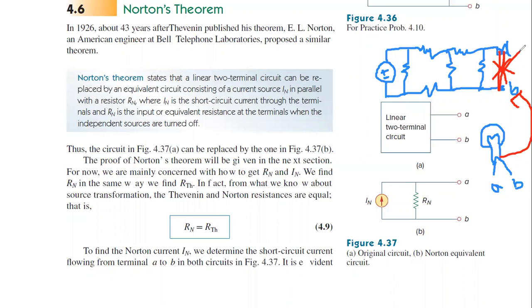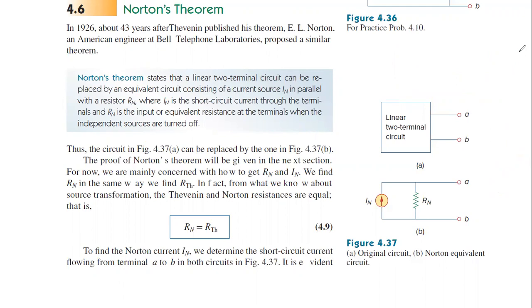So here what I am doing is finding the short circuit current across the A and B terminals. I am shorting the A and B terminals. Then I can find the IN across this. In the previous theorem, Thevenin's theorem, if you want to find the voltage across the A and B terminals, a short circuit is not required.